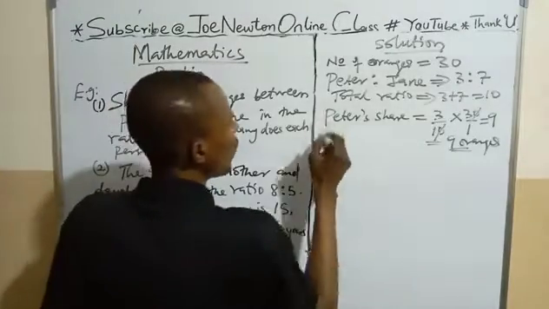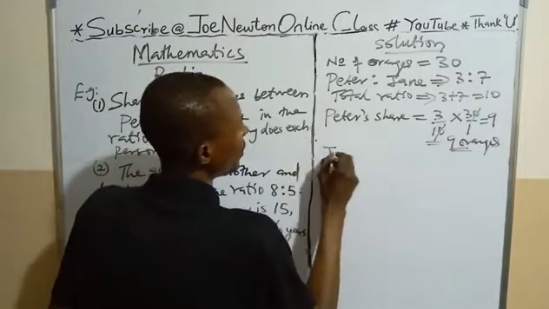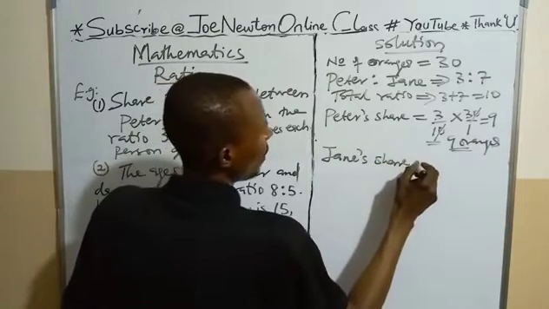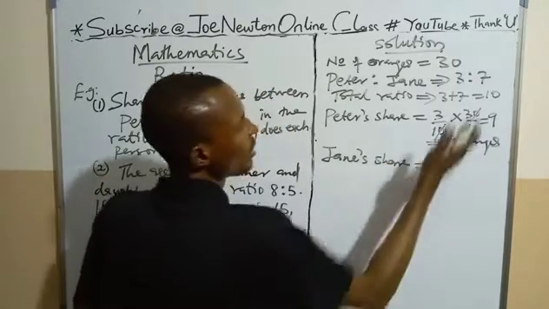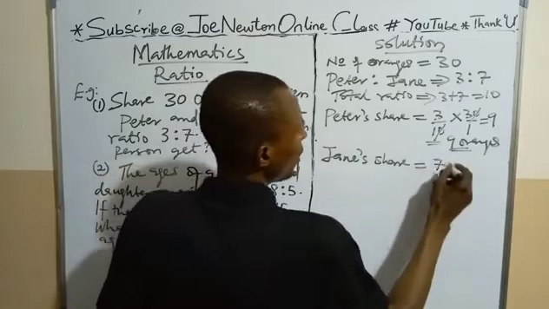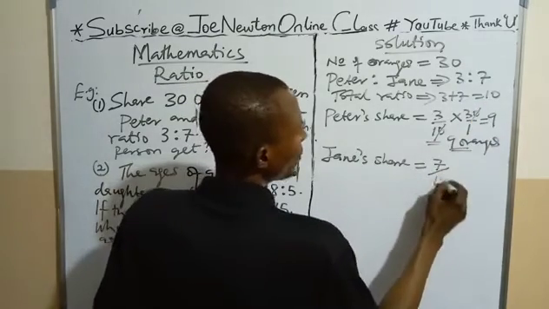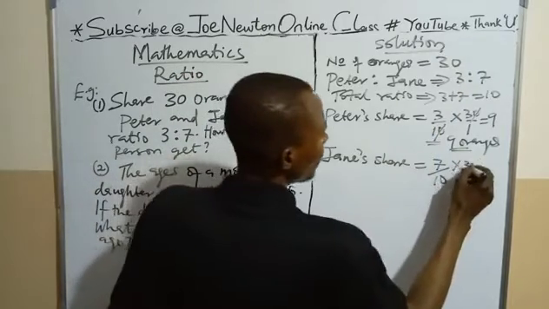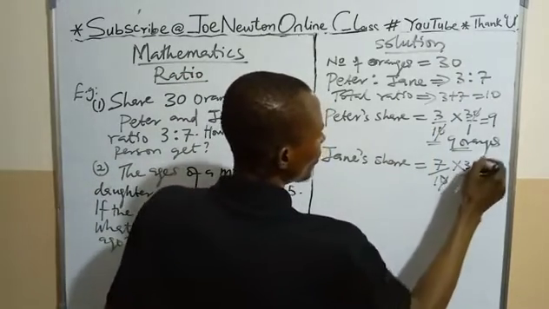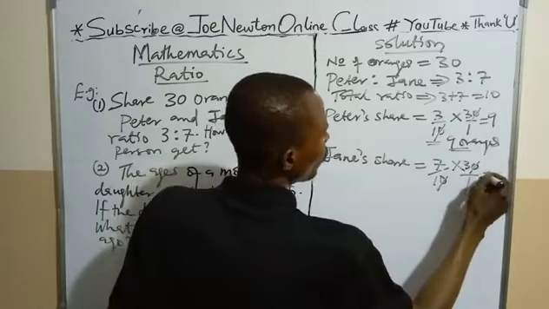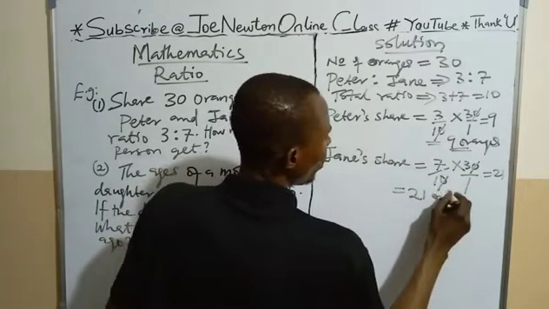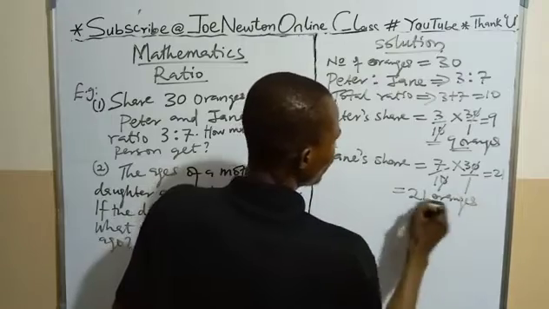Then we have Jane's share, which will be equal to Jane's ratio, 7, over total ratio 10, times the total number of items 30. Cancel 0 with 0. 3 times 7 is 21, which means Jane has 21 oranges.